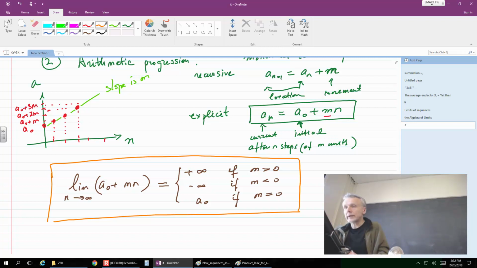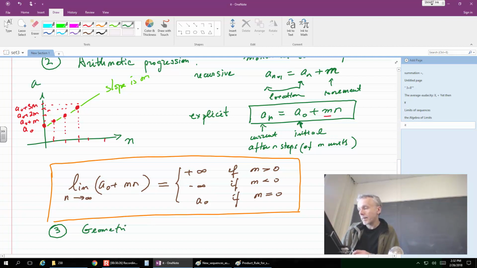The next one is slightly trickier. The idea is that of the geometric progression, and it still could be about investment, but it is different.